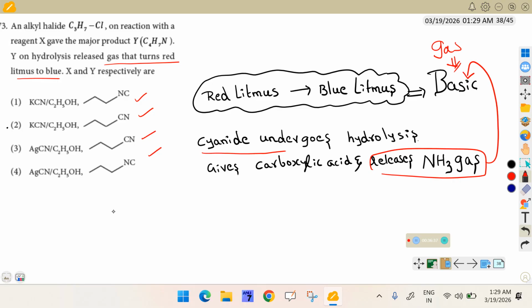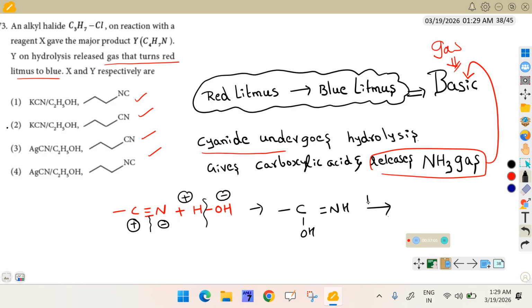Cyanides, C triple bond N, undergo hydrolysis with HOH. It breaks the bond between carbon and nitrogen. Nitrogen gets a negative charge, carbon gets a positive charge. H plus, OH minus, then C with OH double bond NH. Unsaturation is present between carbon and nitrogen.